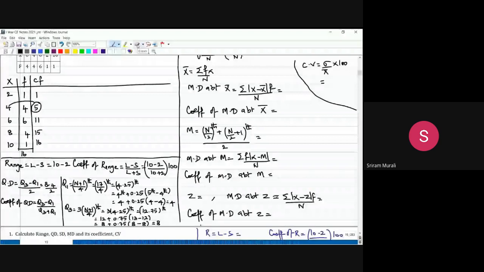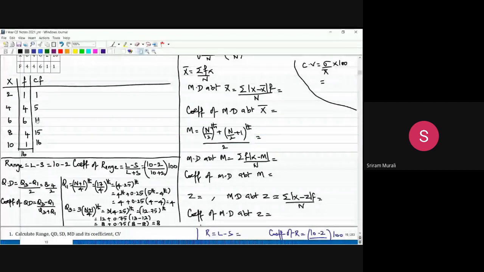Now, understood? 0.25 into, if a fifth observation directly, it is 5, whose respective x value is again 4. Again, the fourth observation falls between 1 and 5, whose respective x value is 4. In the same way, I did for 12. So 12 is not directly found in CF.